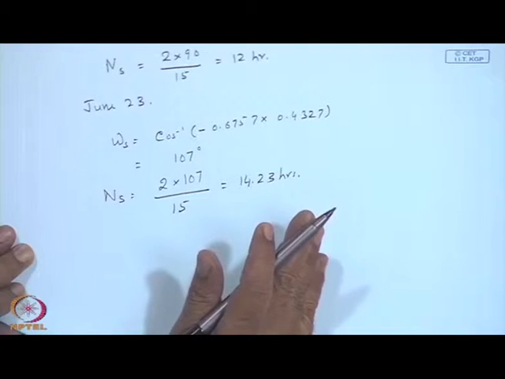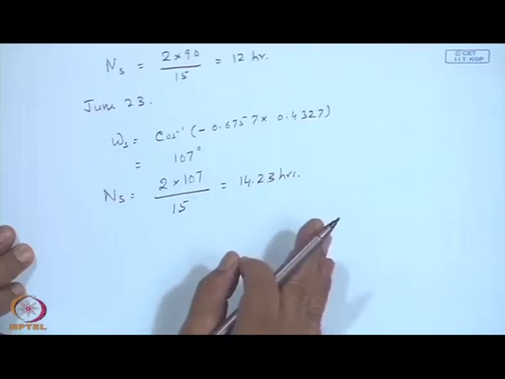So, for equal magnitude declination, a given location will have 90 plus some degrees as the sunset hour angle, or 90 minus the same number of degrees for the winter, or the corresponding negative or positive declinations. So, we will go to Port Blair.